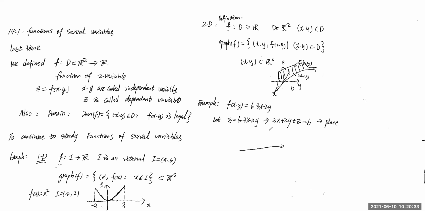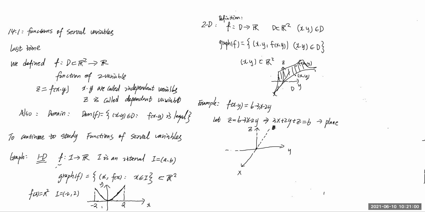So let's first draw the coordinates. This is x, this is y, this is z. Okay, so let's find the intercepts with the axes. We can pretend y and z are 0.